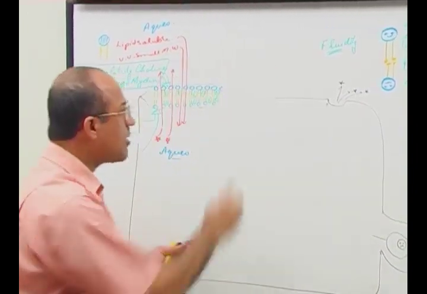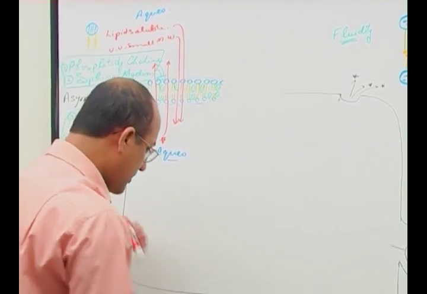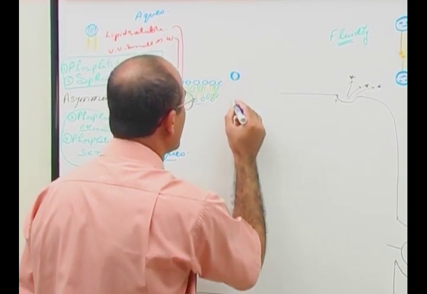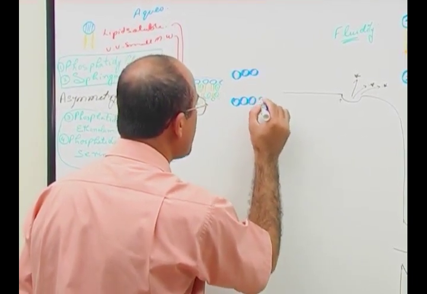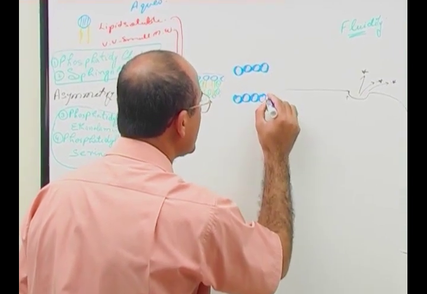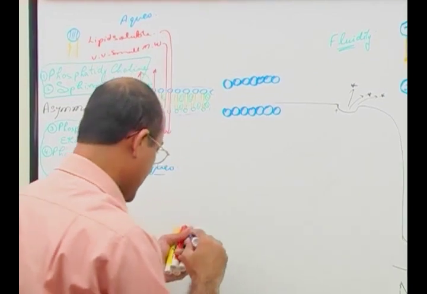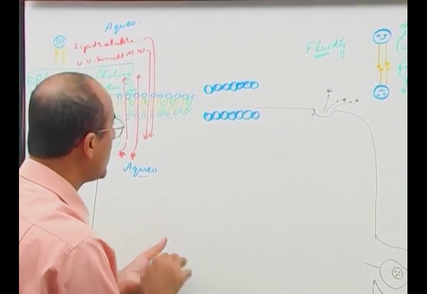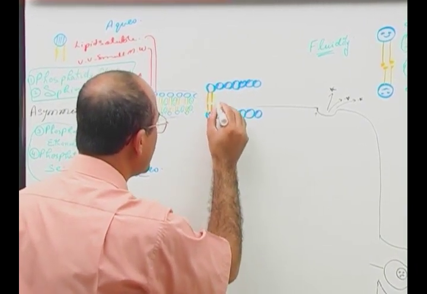Actually, in some parts of the cell membrane, what really happens is that phospholipids are more tightly packed. And not only are phospholipids more tightly packed, their fatty acid components are longer. Their fatty acid components are longer.